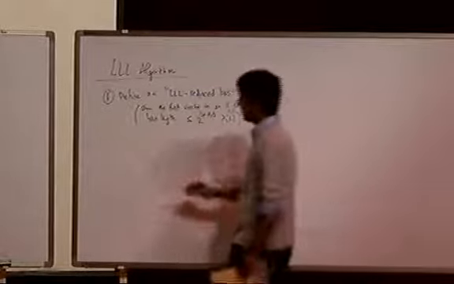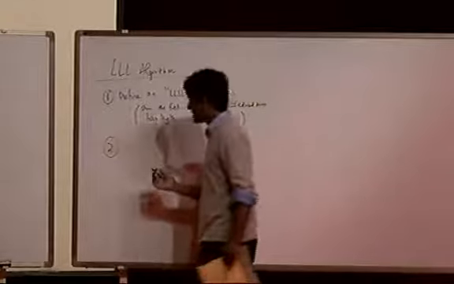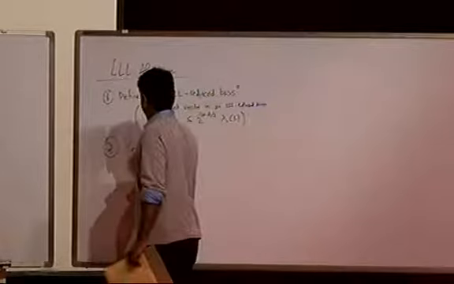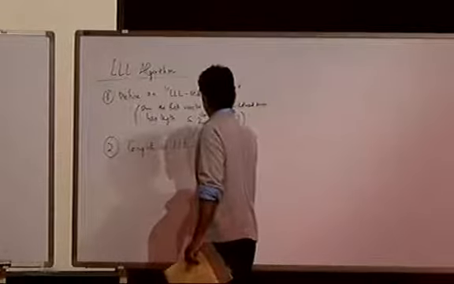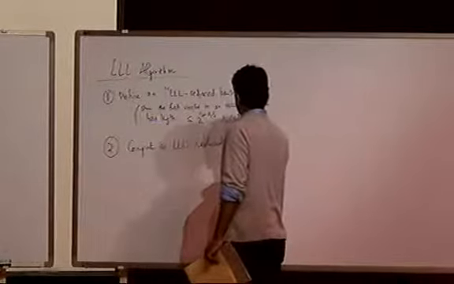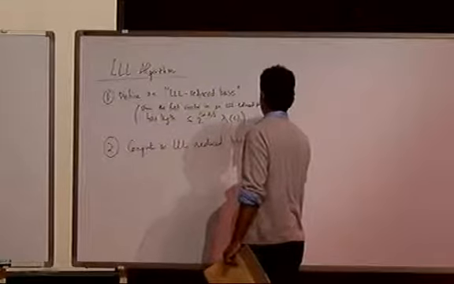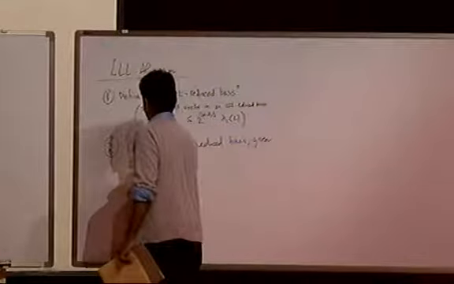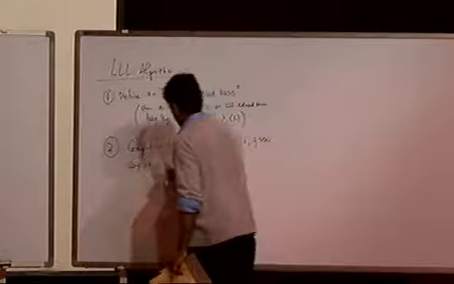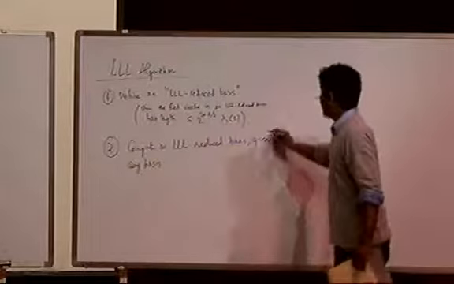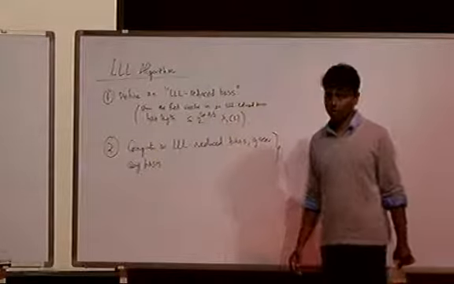Well, what does that suggest? What should step 2 be? Compute an LLL reduced basis, given any basis of the lattice. This is the algorithmic part of the result.